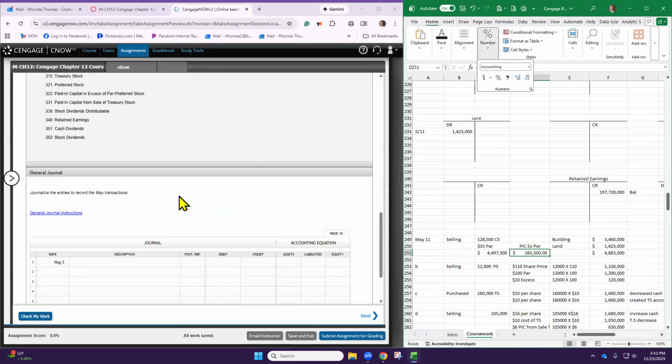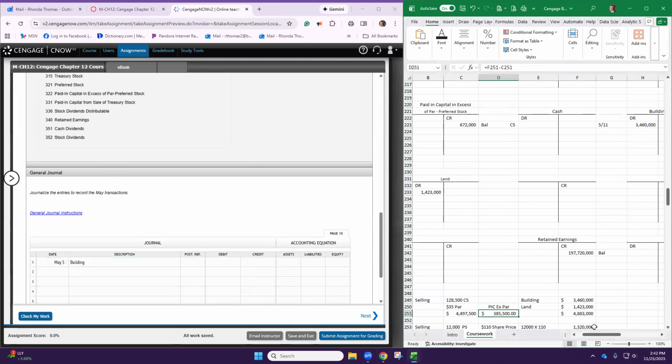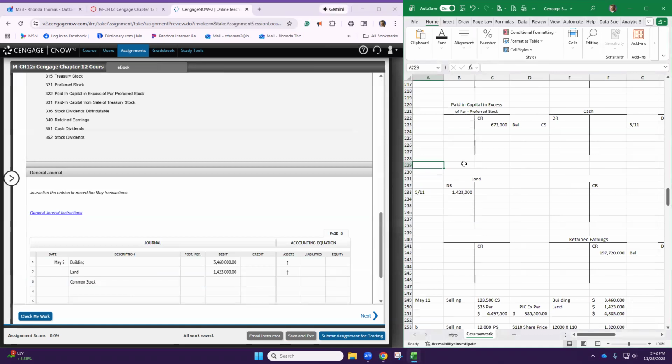All right, so the first one is the building. The building is 3,460,000. We're getting the land, 1,423,000. And then the credit goes to common stock for the par, the par of common stock up here.